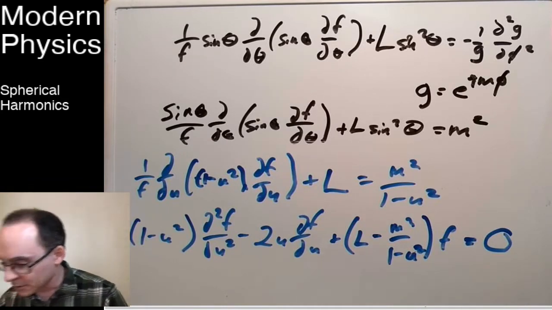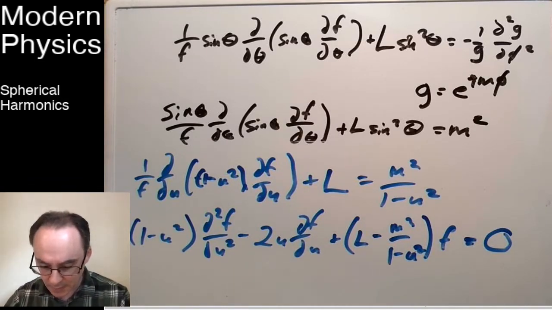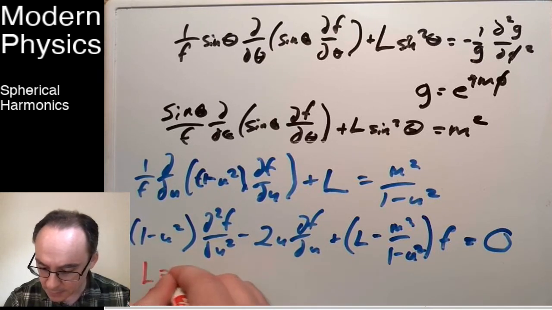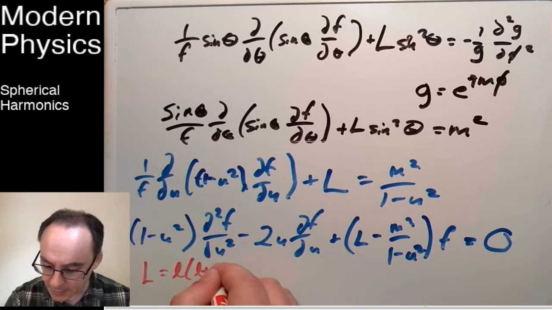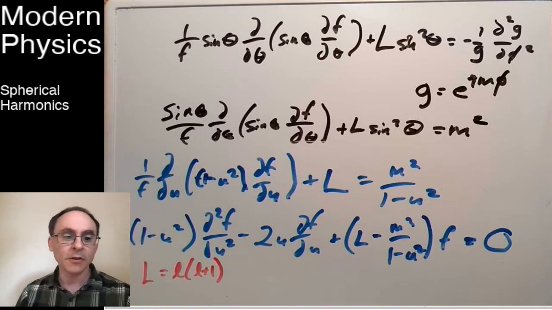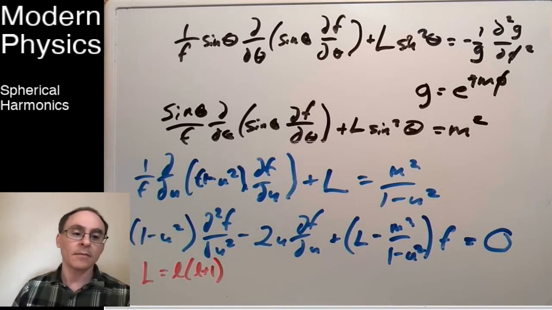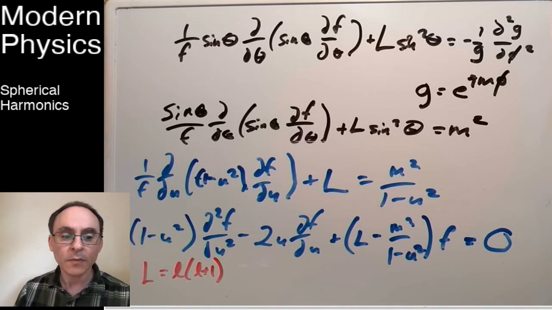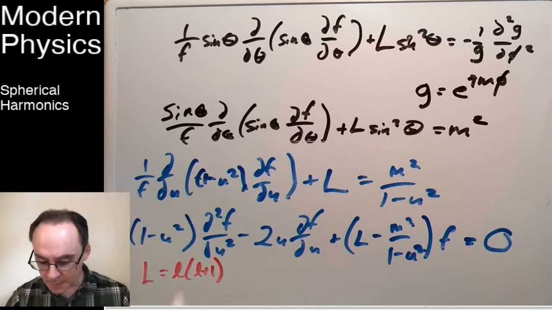For it to have solutions, L has to be the product of an integer times the next integer. The script L, the curly L, is the normal way of writing that. So it can be 0, or it can be 1 times 2, or it can be 2 times 3, and so on.